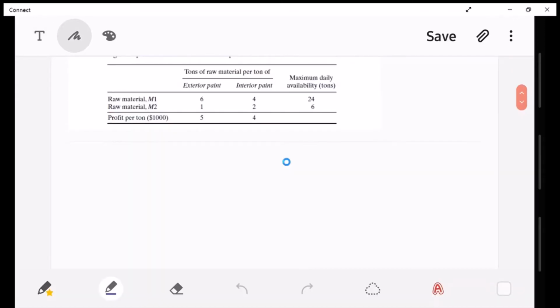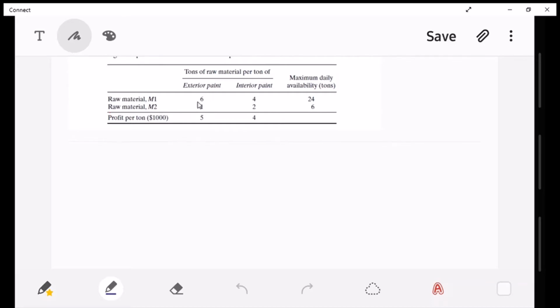So it says for the raw material M1, tons of raw material per ton. This says raw material M1 per ton of exterior paint is 6.